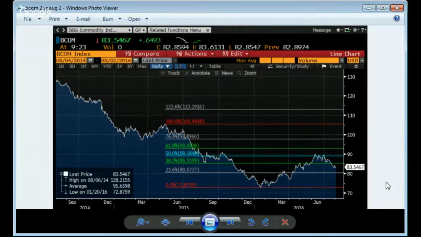That is not normally the type of recovery where you would see after a 4-year decline in commodity prices. Again, let's take a look at the historical one, 1991.